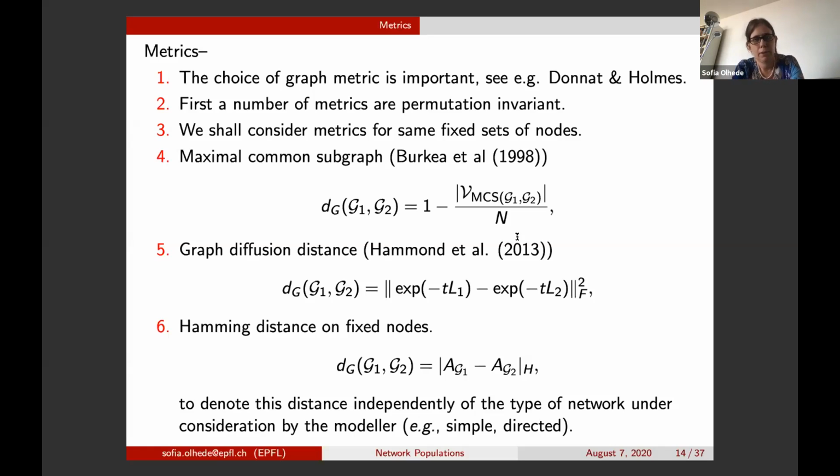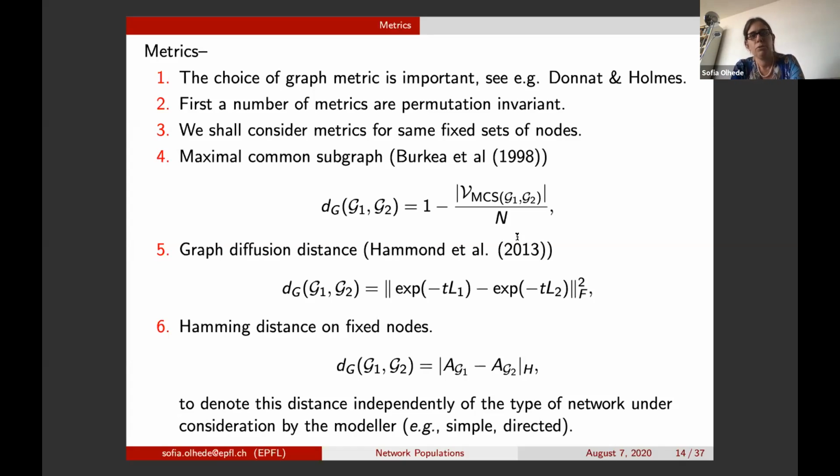So some common choices of metrics between different graphs. One tries to find the maximal common subgraph, and in a sense, the difference is really consistent in how many nodes you needed to not involve in order to get the maximum common subgraph between two different networks. That's the maximal common subgraph metric.